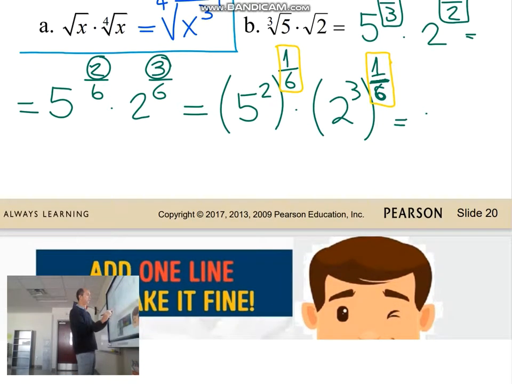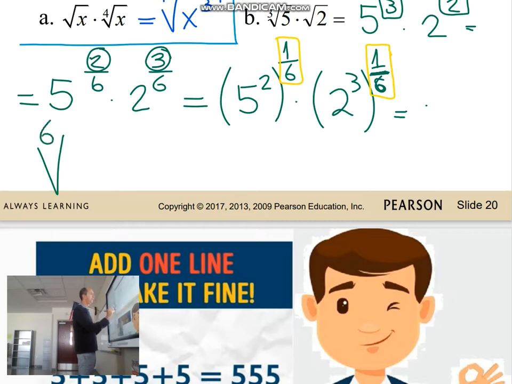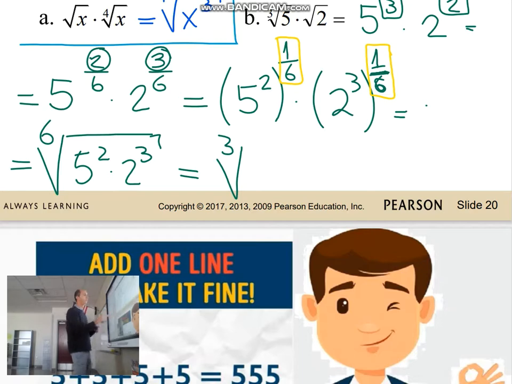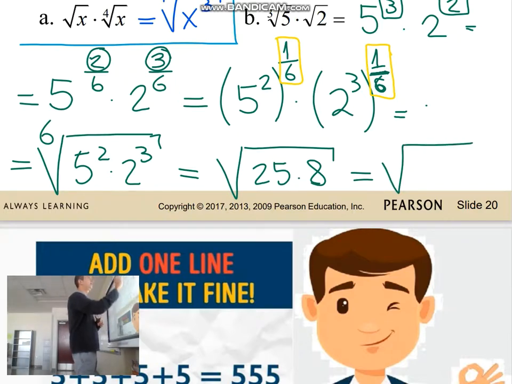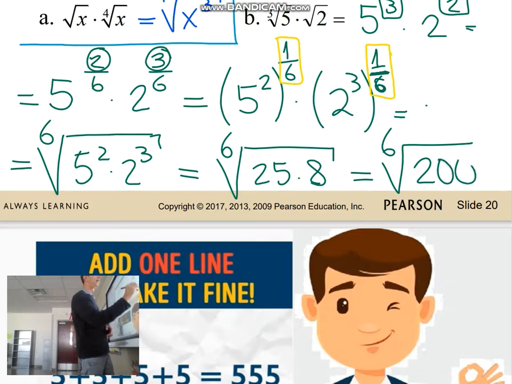So this equals the 6th root of 5 squared times 2 cubed. 5 squared is 25, and 2 cubed is 8, and we have the answer: the 6th root of 25 times 8, which is 200.